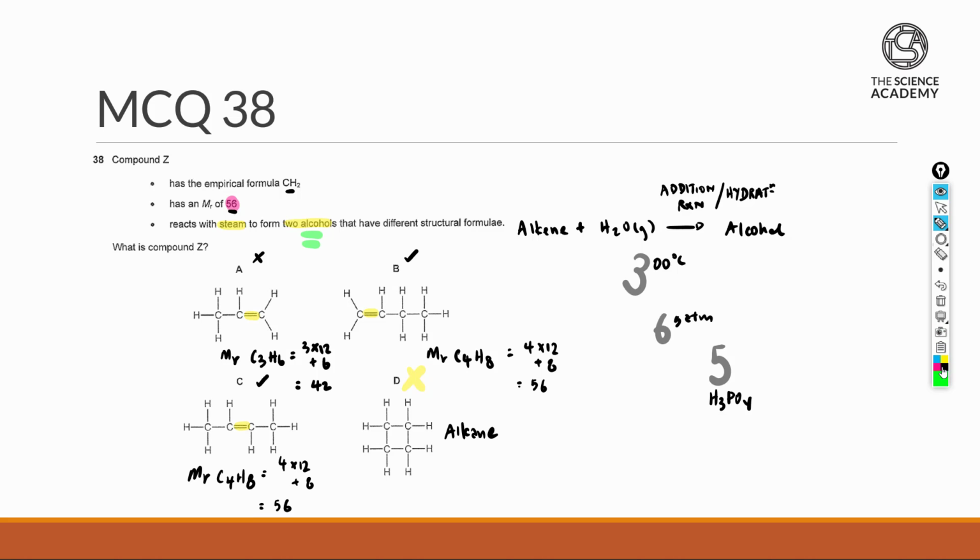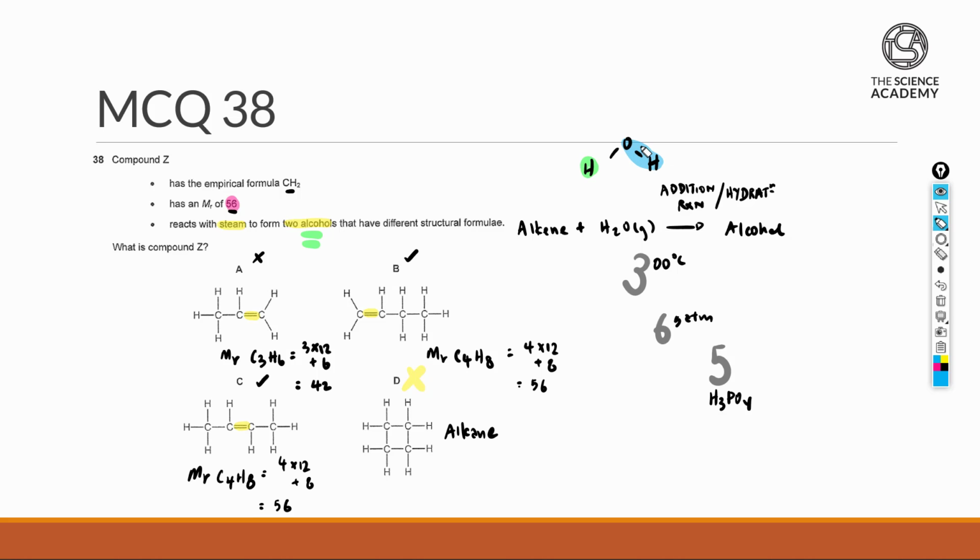So for the case of B here, let's draw it out. H itself can enter in various locations. Again, my water comprises H, O, and H. We're going to split it this way. The first H is in green, and the remaining OH will enter to give the alcohol positioning here.